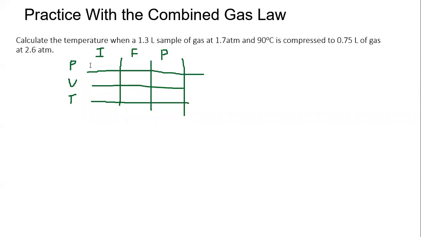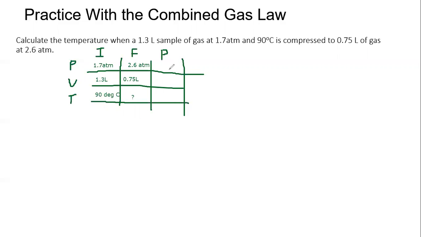And so we have 1.7 atmospheres, 1.3 liters, 90 degrees C, 2.6 atmospheres, 0.75 liters, and question mark.